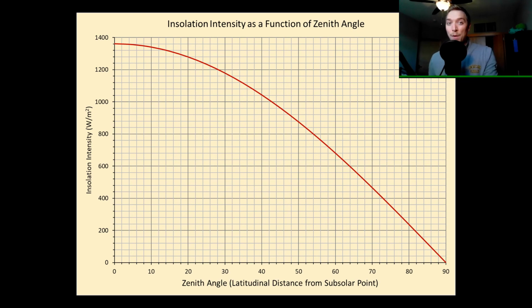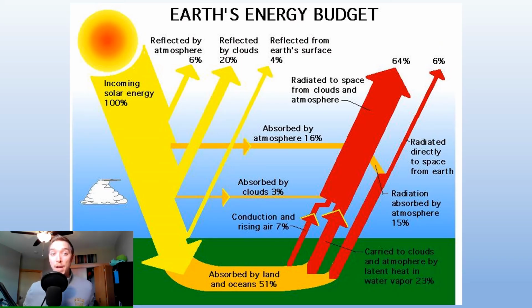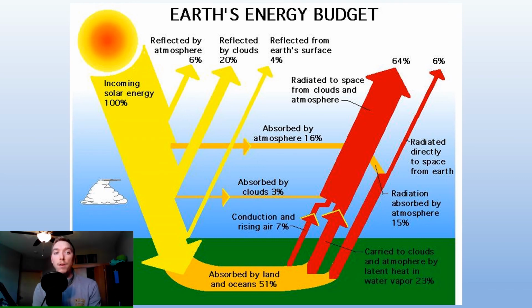So we're going to end by looking at Earth's energy budget. If we look at all of the radiation coming to our planet from the sun as 100%, it is impacted by certain things within our atmosphere. About 6% is just reflected by particles and things in the atmosphere. Another 20% is reflected and never reaches Earth by the clouds.